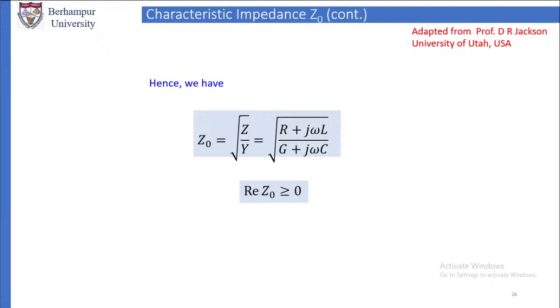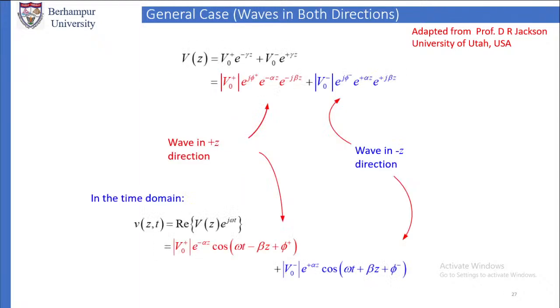This is what you must remember. This is an important equation. Z0 is the characteristic impedance. The expression for characteristic impedance in terms of per unit length resistance, inductance, conductance, and capacitance is root over of R plus j omega L by G plus j omega C.